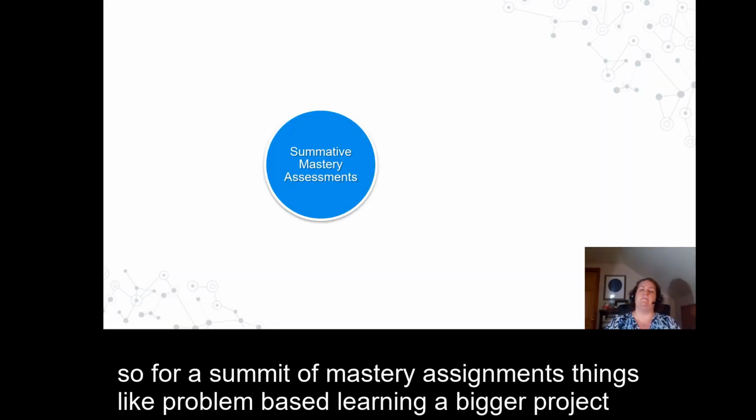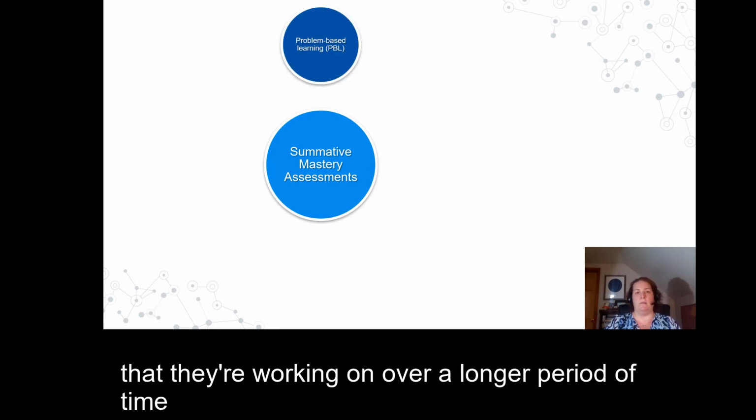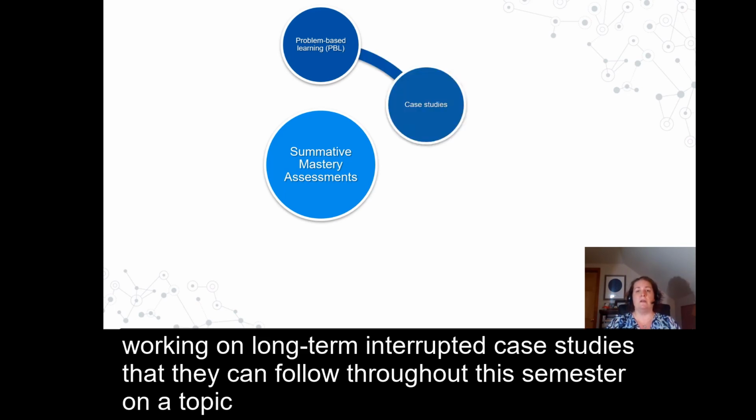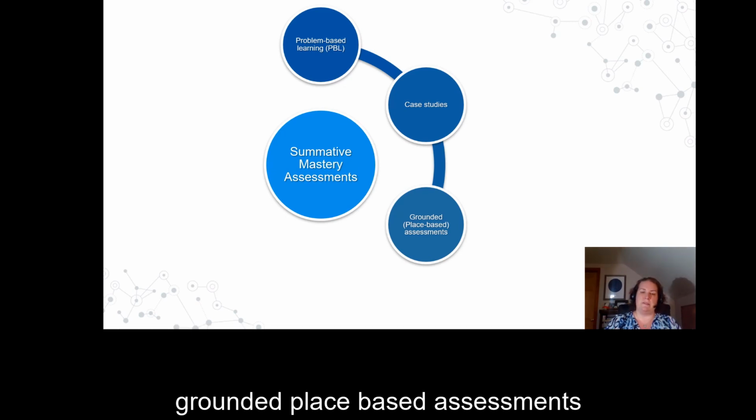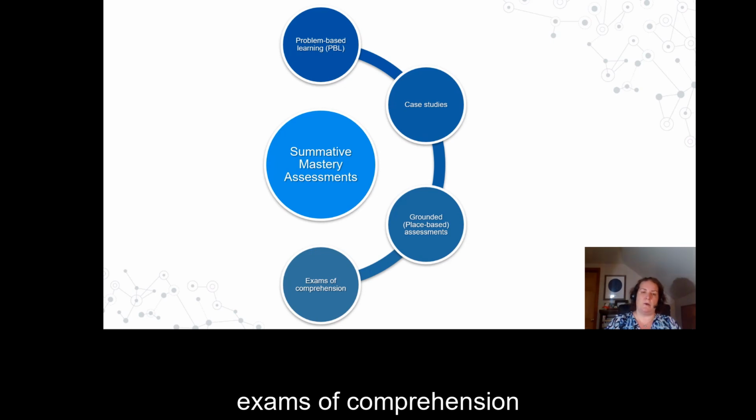So for summative mastery assignments, things like problem-based learning, a bigger project that they're working on over a longer period of time. Working on long-term interrupted case studies that they can follow throughout a semester on a topic. Grounded place-based assessments. Exams of comprehension.